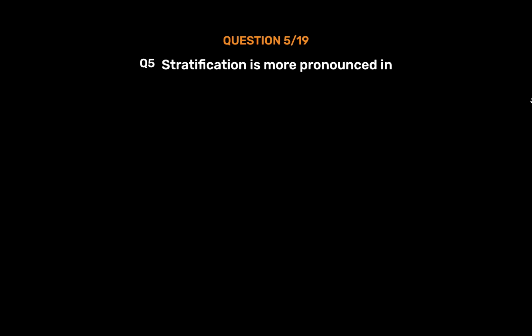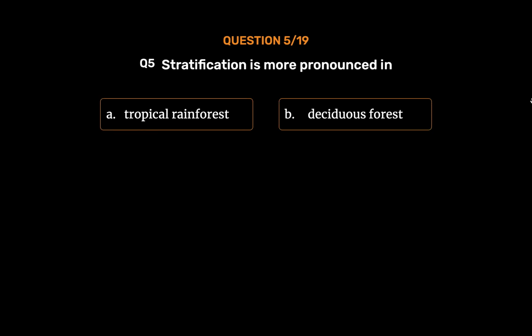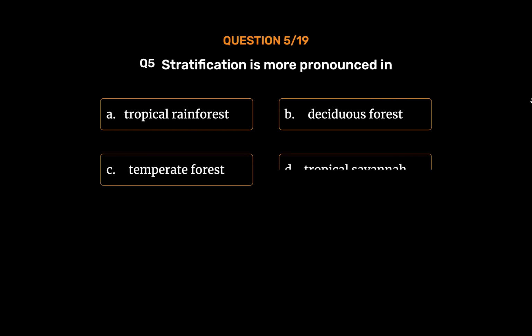Question number 5. Stratification is more pronounced in Option A. Tropical rainforest. Option B. Deciduous forest. Option C. Temperate forest. Option D. Tropical savanna. The correct answer is Option A. Tropical rainforest.